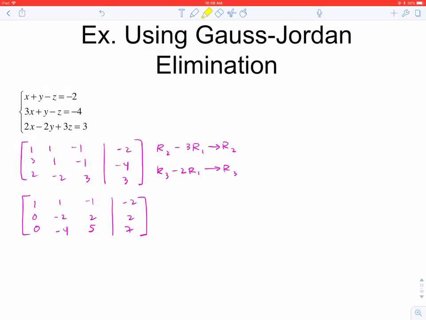So next I want to get this negative 2 to be positive 1. So I'm going to multiply row 2 by negative 1/2. And I haven't touched row 1 or row 3 in this step.